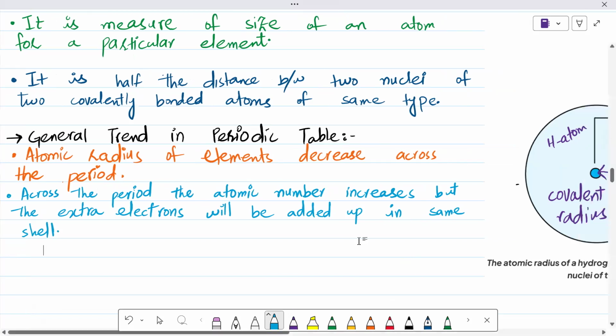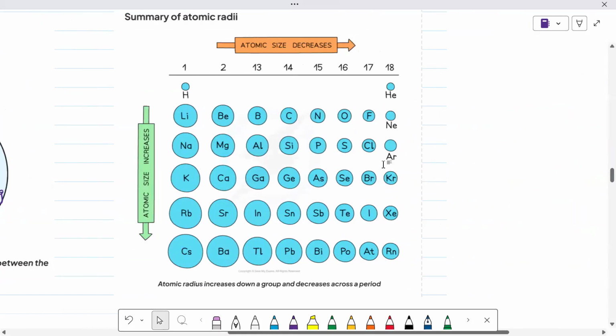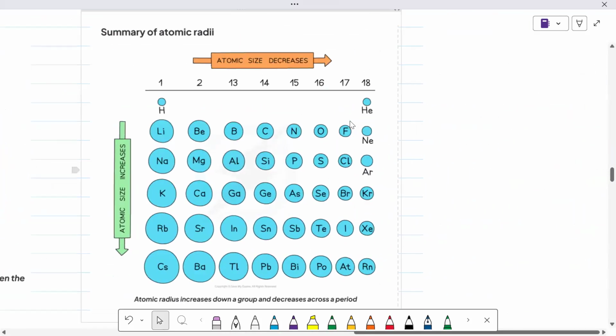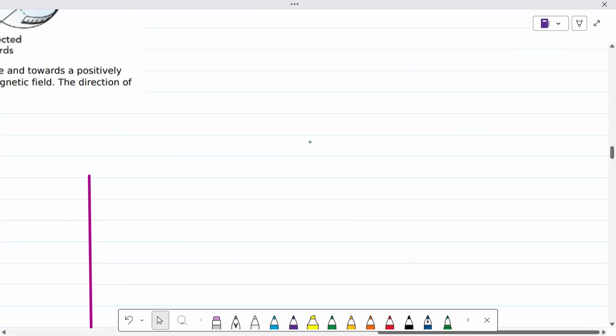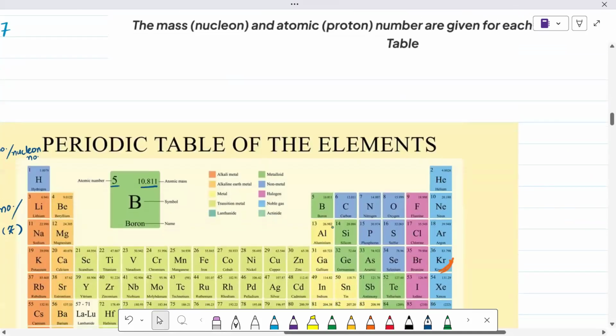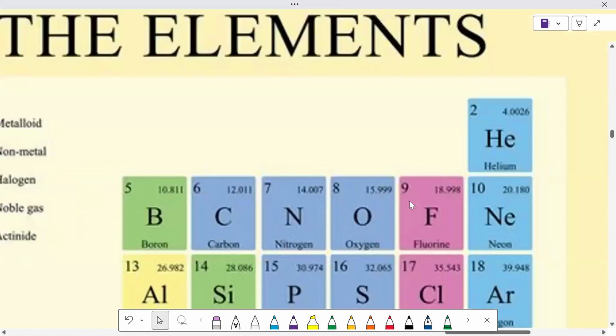You know why it will decrease? If you observe this, what is happening here? For example, let's take fluorine. Fluorine's proton number is 9. It means inside the nucleus there are 9 protons, right?